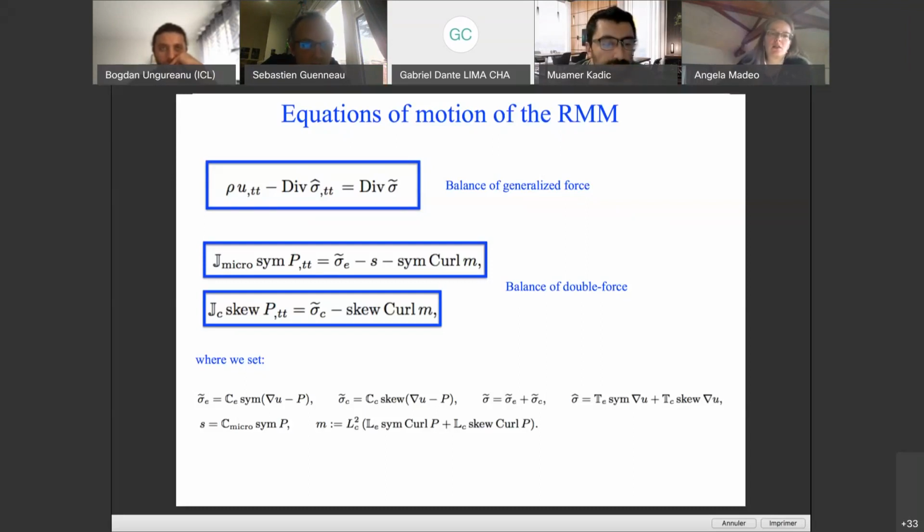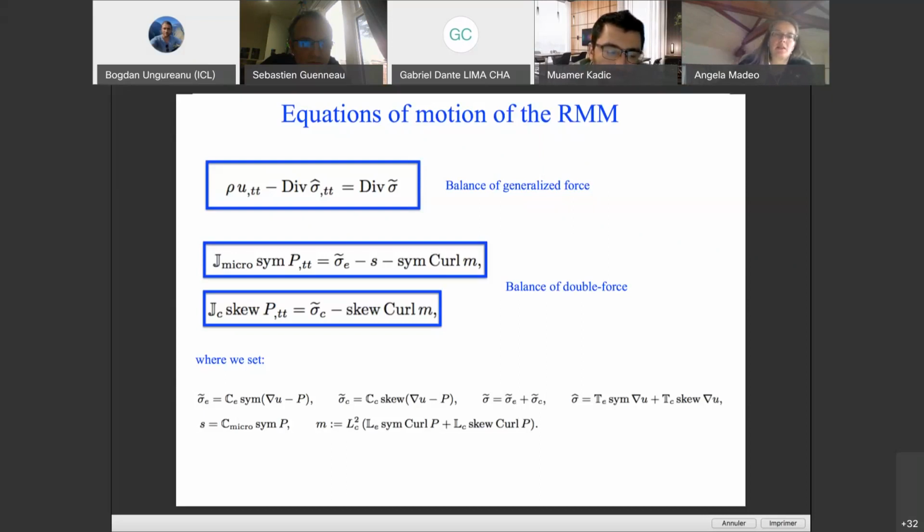And related to that term in the kinetic energy I showed that had the flattening effect, we have a new term here with this sigma hat, which contains second time derivatives of the gradient of u. Okay, so this generalizes our balance of forces, but then we have another tensor equation, which is the balance of double force, which is dual to the micro distortion.